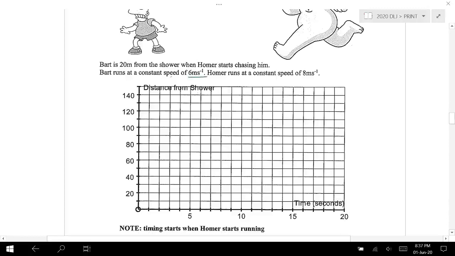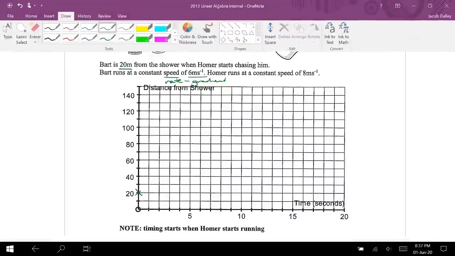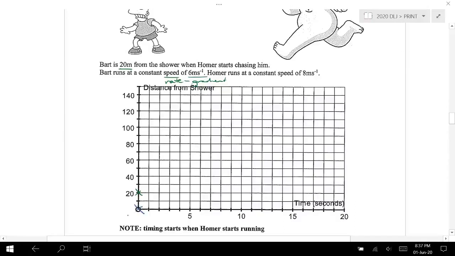So speed is a rate, which is our gradient. So we'll use that. And also we know that Bart starts at 20, so he's got that on Homer. Whereas Homer is going to start at 0. So we might just use blue for Homer.